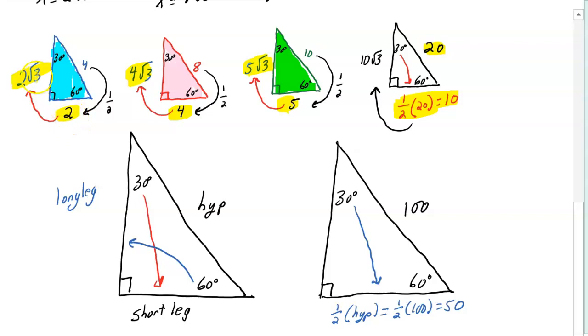Short leg 2, long leg 2 root 3. So in the example that we were doing, the long leg is 50 square root of 3. So I tend to say in the picture on the left that the short leg times the square root of 3 is equal to the long leg.